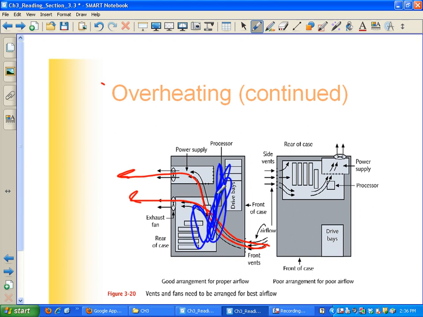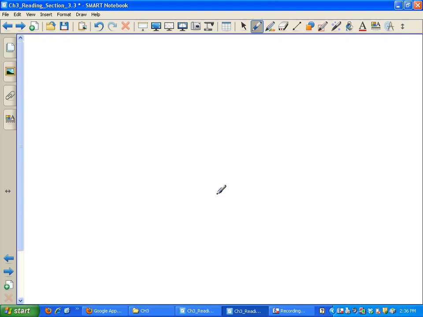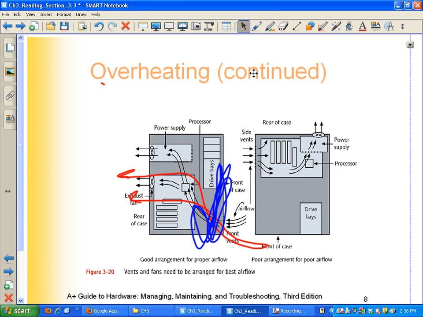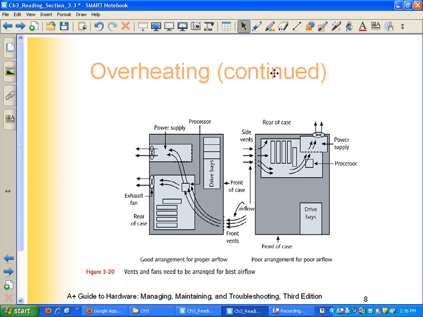That's when you'll see people use zip ties and tie all the wires up out of the way of the airflow of the PC so that it doesn't block the airflow.